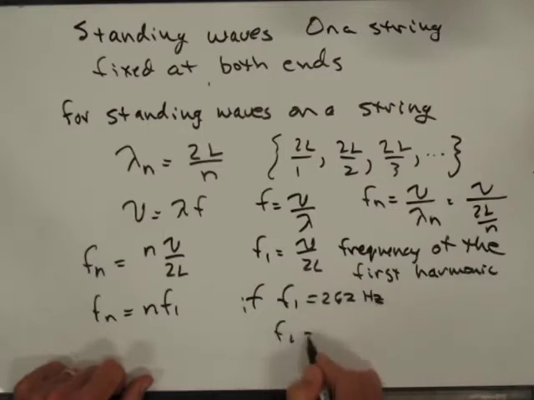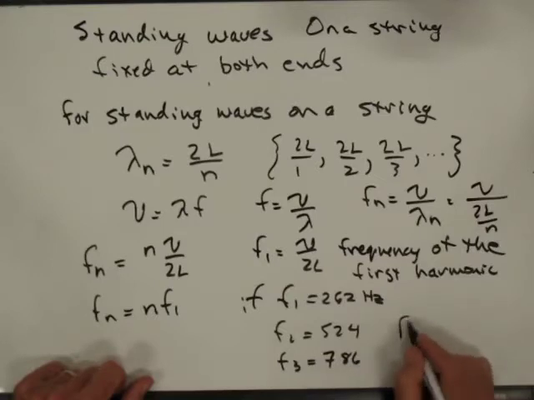Then f2 is equal to, I've got to do this in my head, 524, and then f sub 3 is equal to 786, and then f sub 4 is equal to 1048.